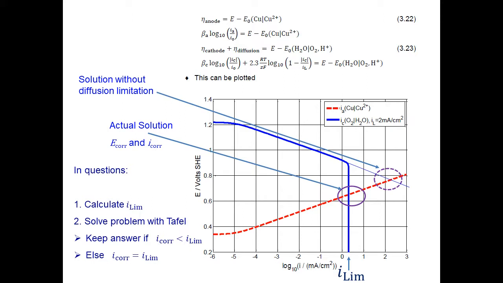And you could then say, if the solution for Tafel limitation alone is lower than the diffusion-limited current density, then that's the correct answer. But if the solution considering Tafel limitation alone is higher than the diffusion limitation, then actually the corrosion current density that we have is equal to the diffusion-limited current density.